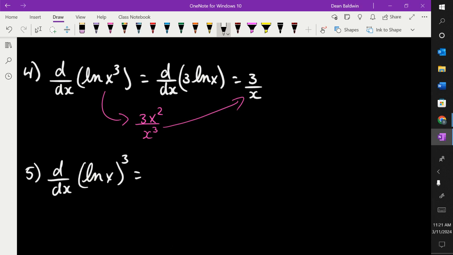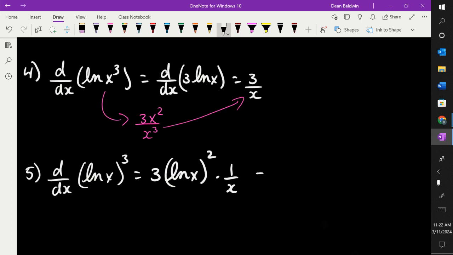Chain rule says outside derivative, so the 3 falls down times the inside function, but you take 1 away, so that becomes power of 2, times the derivative of the inside. What's the derivative of the natural log of x? Times 1 over x. And you're done.